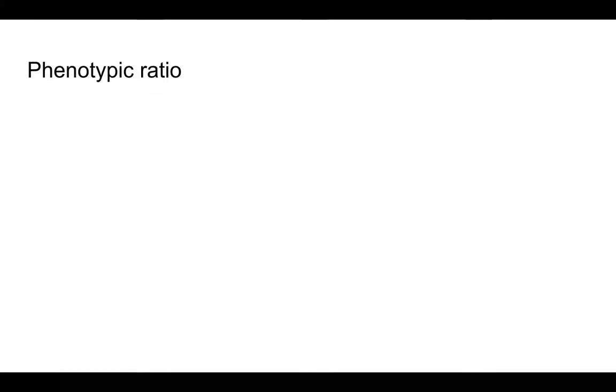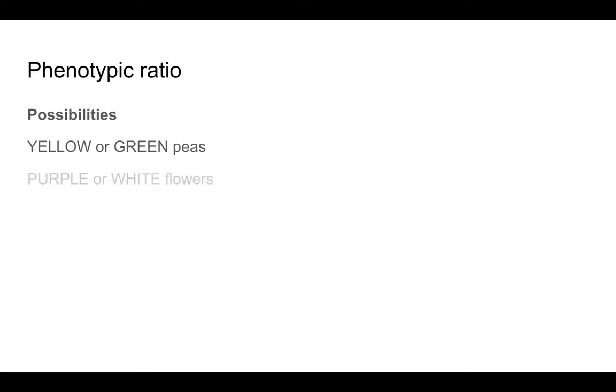The last part of this question asks for a phenotypic ratio. So let's pause for a second and think. What are the possible phenotypes? Well, we could be yellow or green for our pea characteristic. We could be purple or white for our flower characteristic.